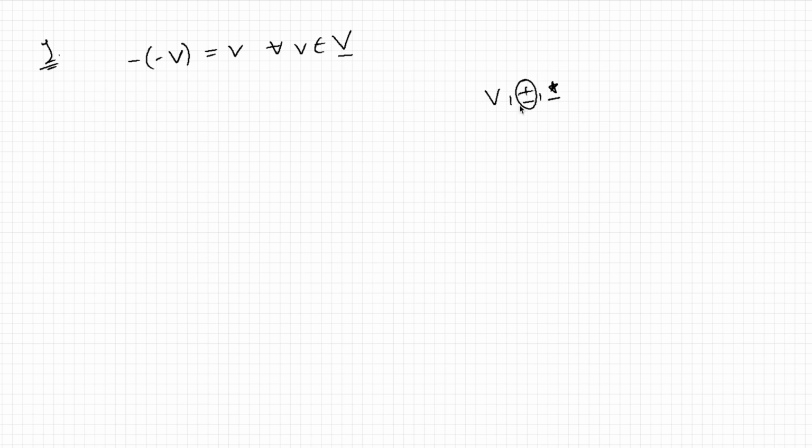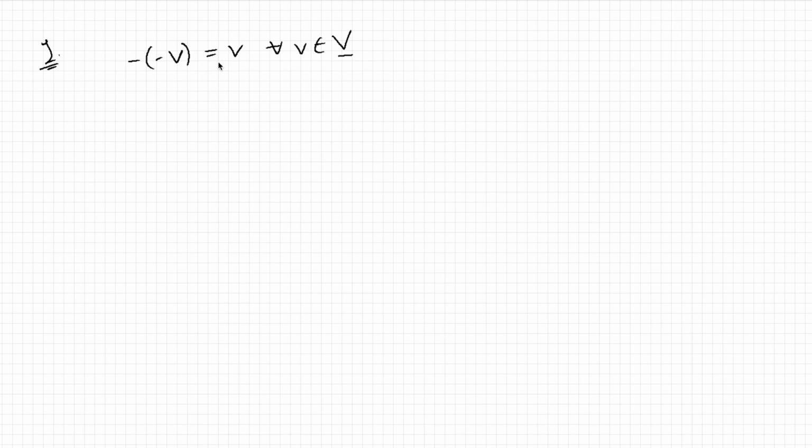So this can literally be anything. It's not necessary that the plus is the normal algebraic addition that we see and this is multiplication. It can literally be anything. So we only have to use the properties of the vector space to prove all these questions.